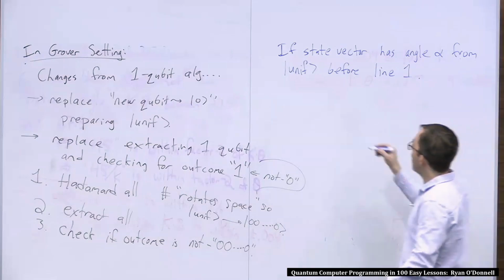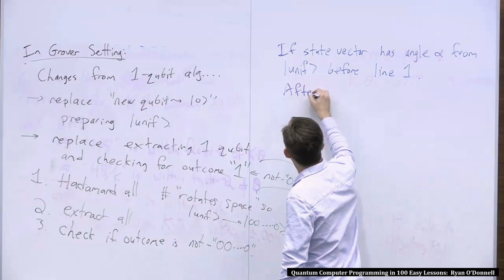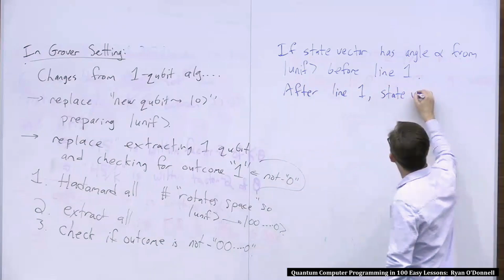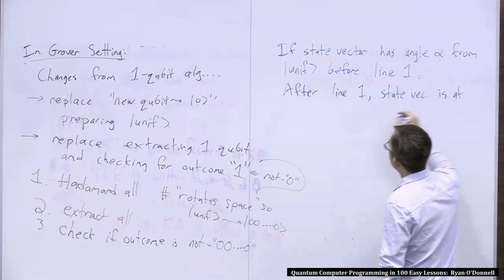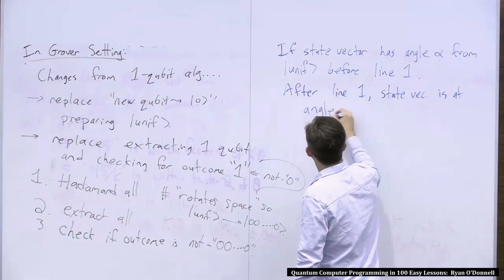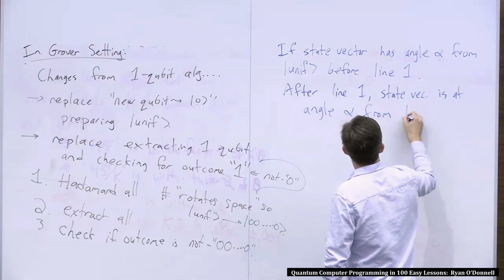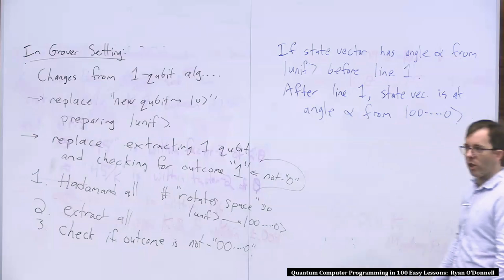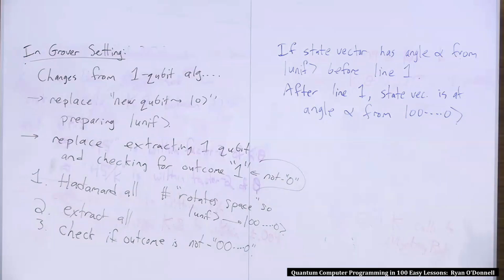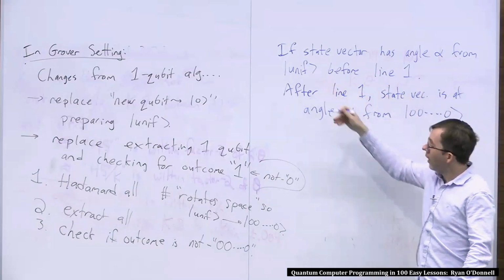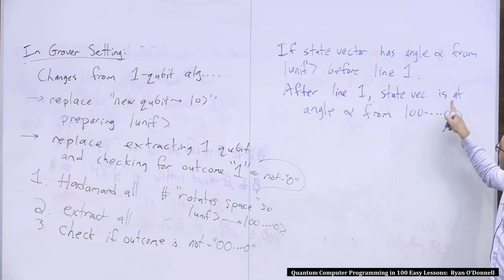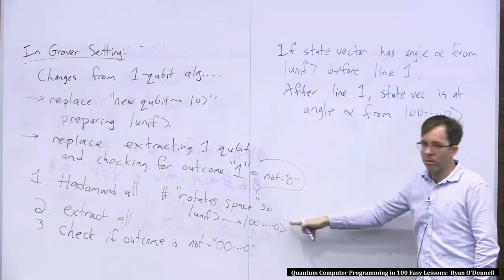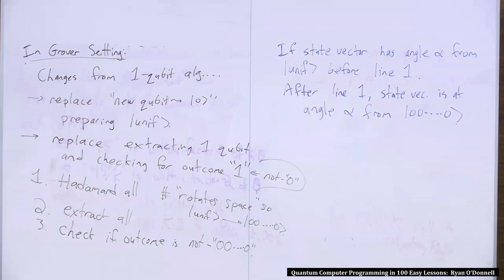Then after line 1, the state vector is at angle alpha from all zeros, because this is a unitary transformation, so it doesn't change angle. So if the state vector used to be at angle alpha from uniform, and we do this, now the state vector is at angle alpha from wherever this goes to, which is all zeros.